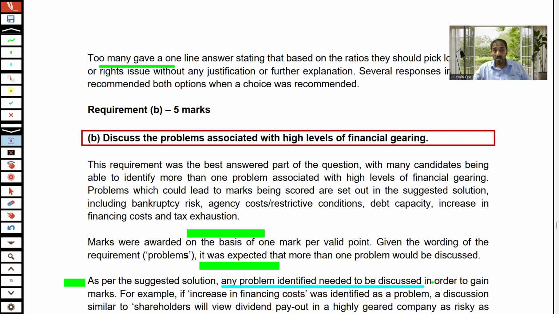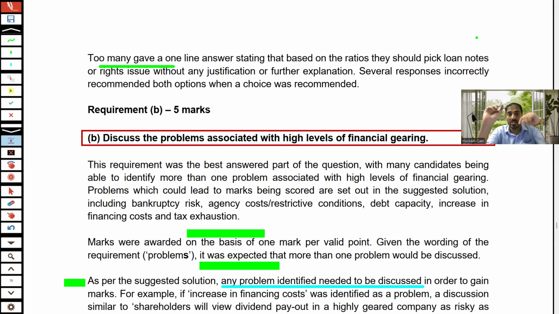One more thing. Too many gave one line answers, stating in time based on ratio that they should pick loan notes or equity without any justification or further explanation. So your final comments must be based on some upper discussion. That is logical structure.